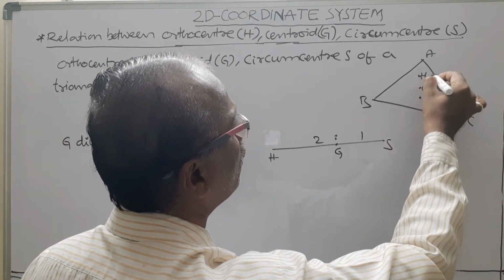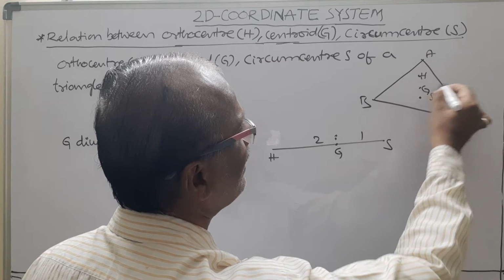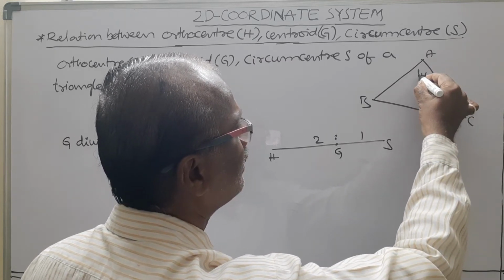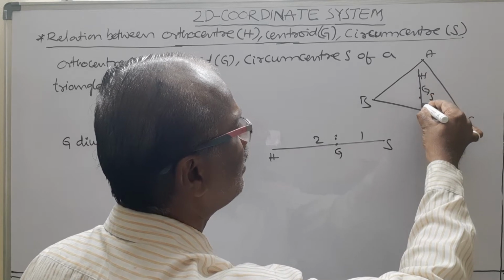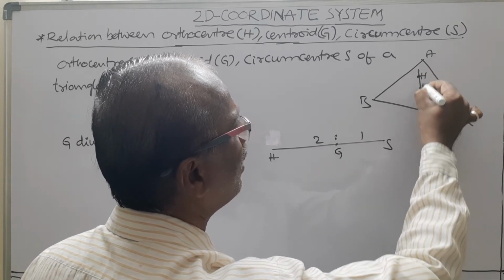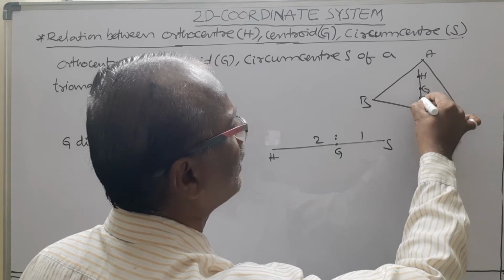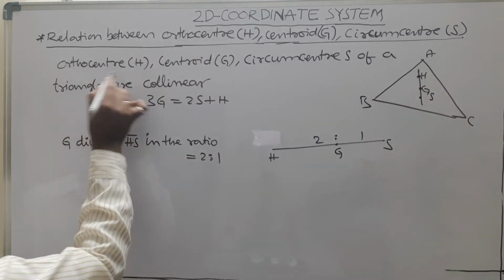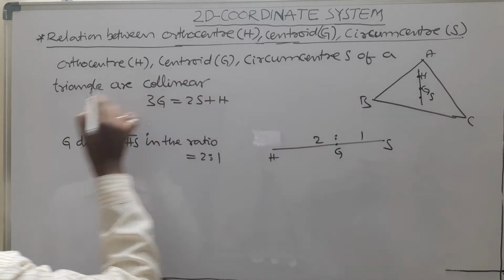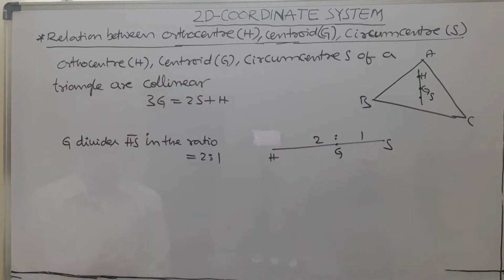H is the orthocenter, G is the centroid and S is the circumcenter. Joining these three points, the three are collinear. The three points lie on the same line. Here the orthocenter H, centroid G, and circumcenter S of a triangle are collinear.